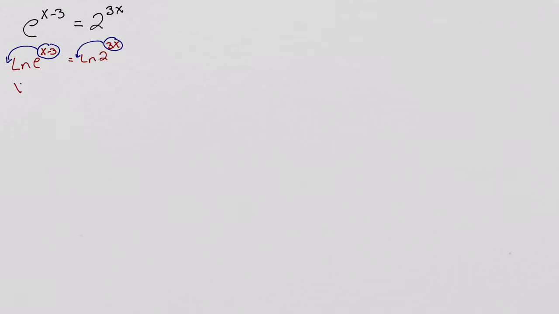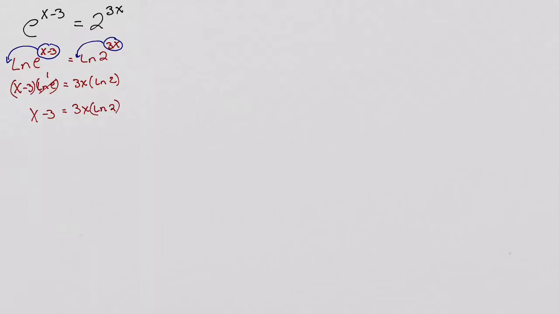When I do that, I get x minus 3 times ln e equals 3x times ln 2. Now, of course, ln of e is just 1, so that leaves me x minus 3 equals 3x ln 2.